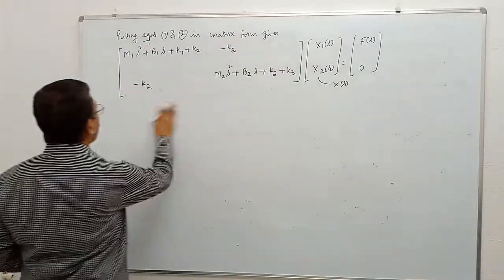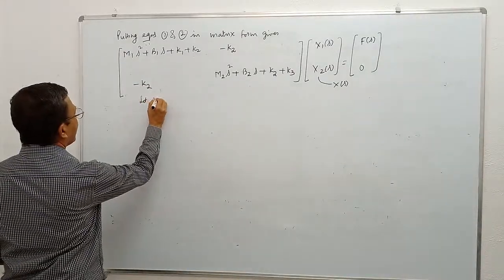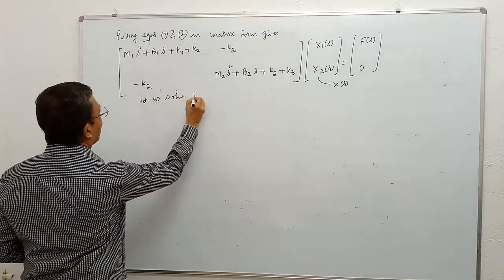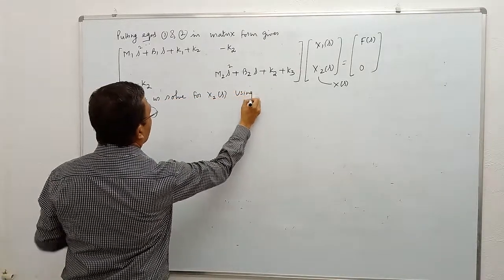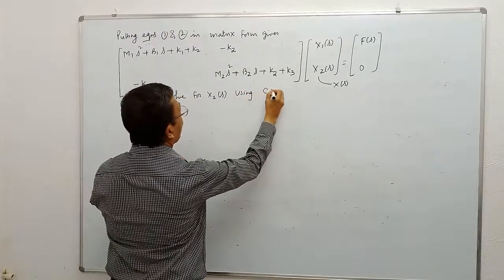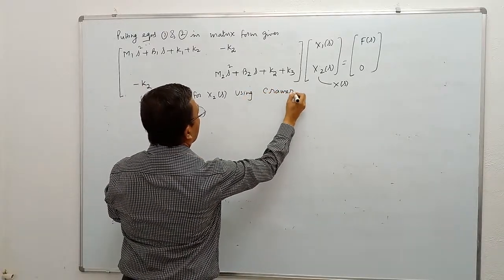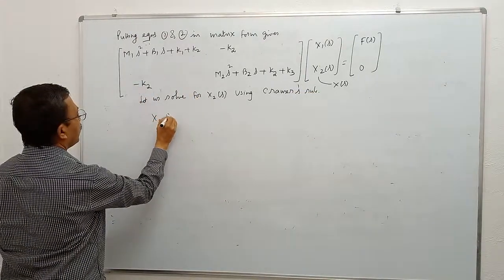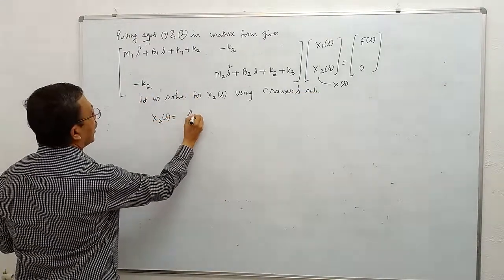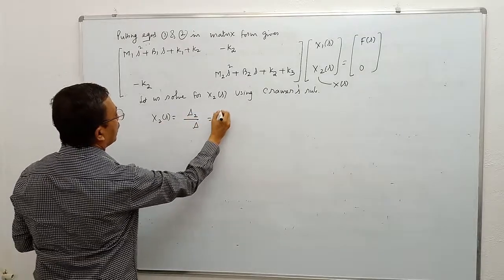Let us solve for x2 of s using Cramer's rule. Using Cramer's rule, x2 of s is equal to delta 2 divided by delta.